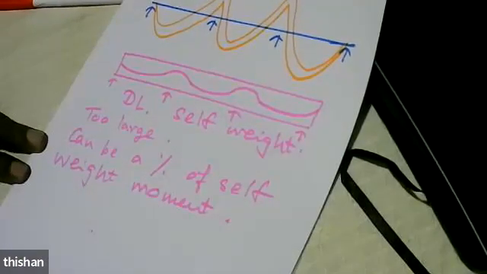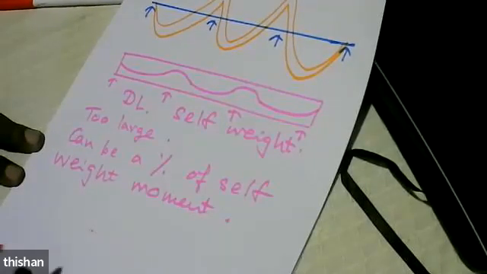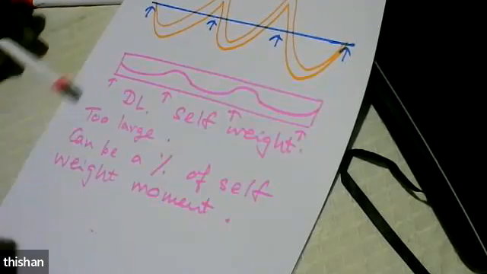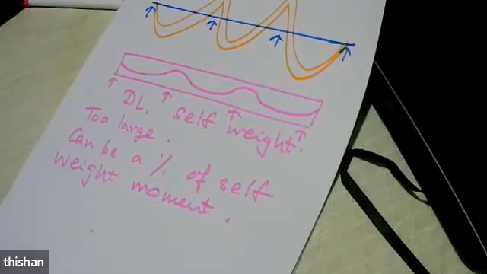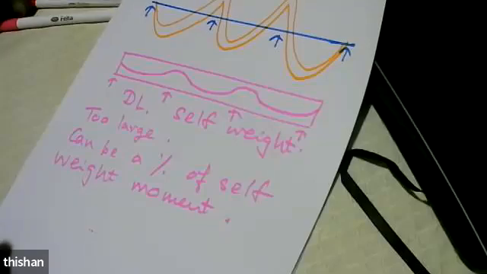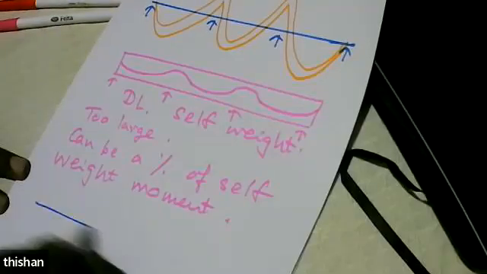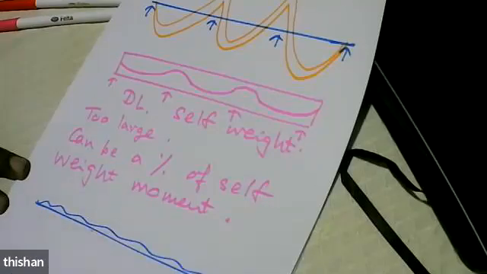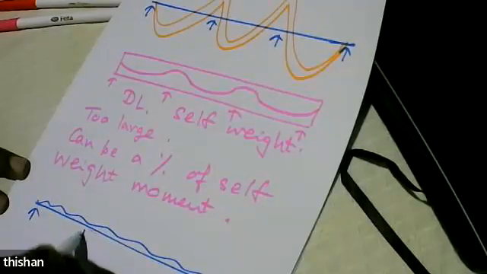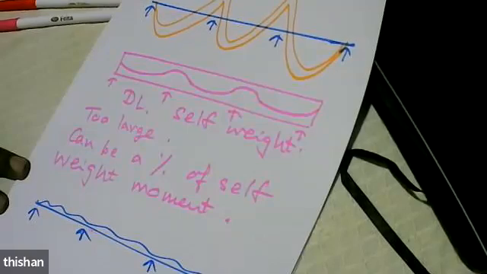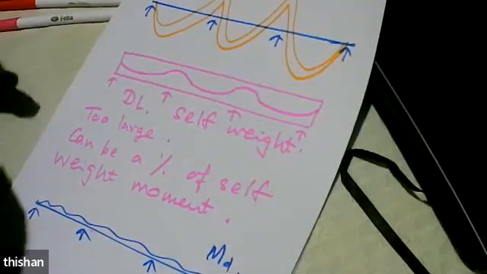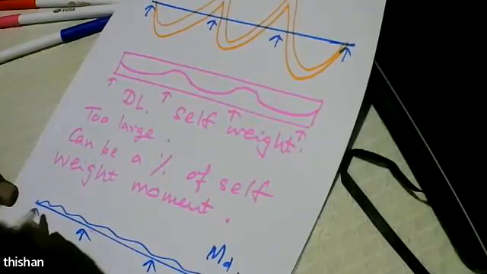The beam will lift up and there will be big trouble for you because it has no stability. The beam lifts up. So what we do is we consider the beam and its self-weight MD, and so we draw the MD diagram.